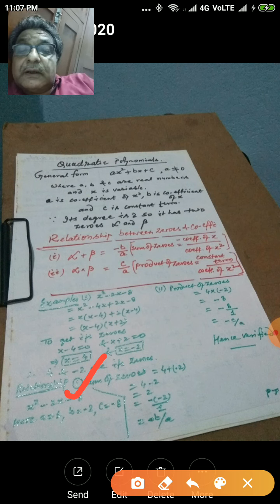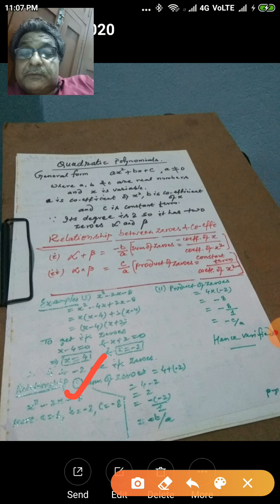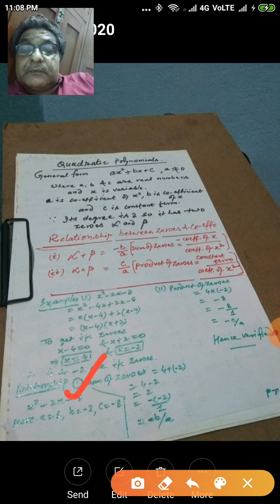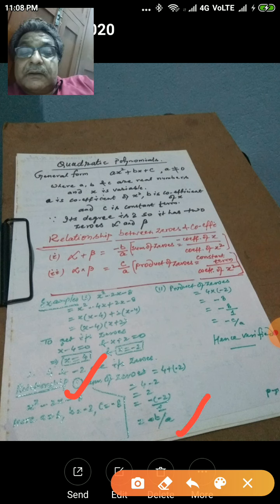It means we have to take the two zeros calculated above, and starting from these two zeros we have to bring the relationship, that when these are added, that is sum of zeros, then it finally comes minus b by a. We have to establish this.